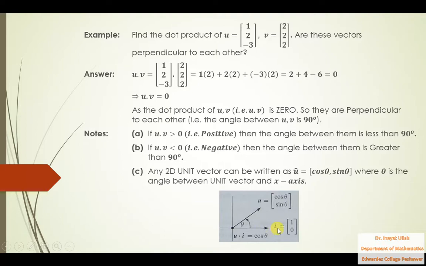So i will be written as cos of 0 degrees, and we know that cos of 0 is 1, so that is why this is 1, and this is actually sine theta.